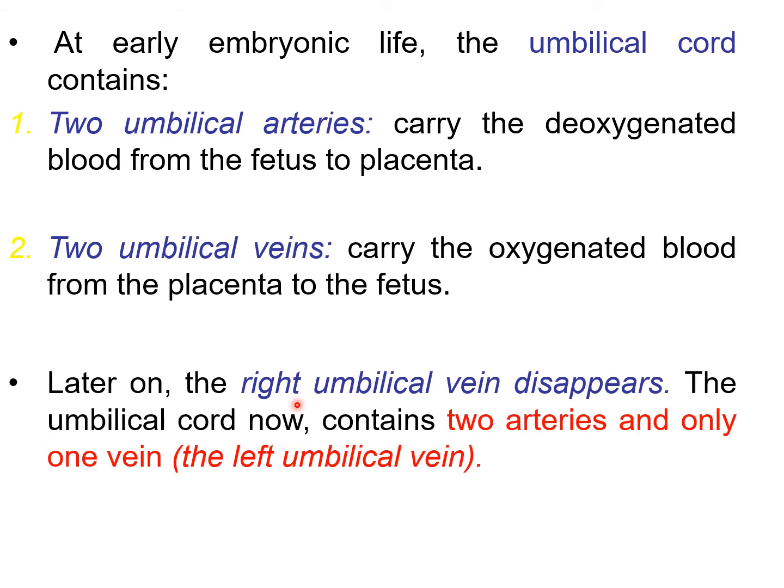So at the time of birth, we have two umbilical arteries and only one umbilical vein, which is actually the left umbilical vein because the right has disappeared.